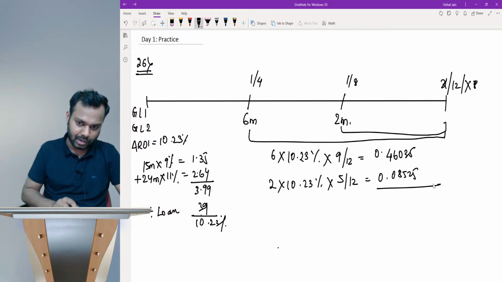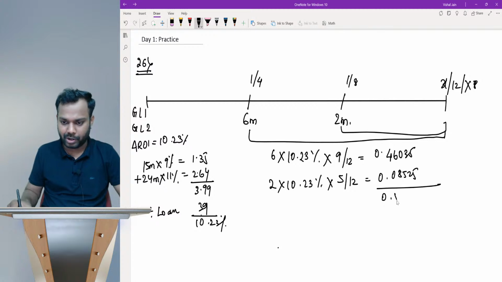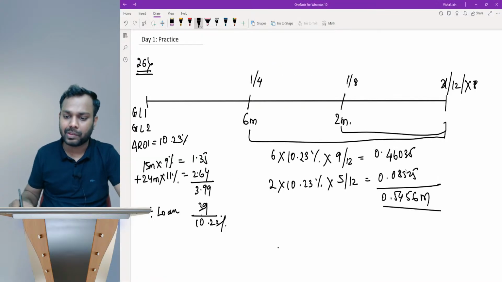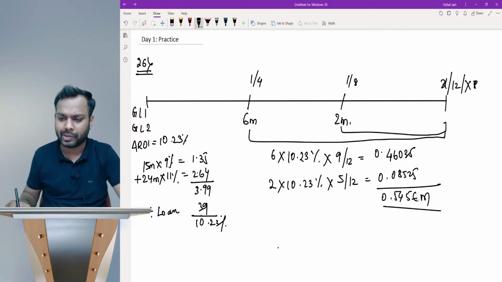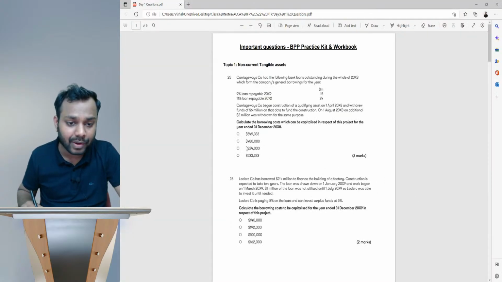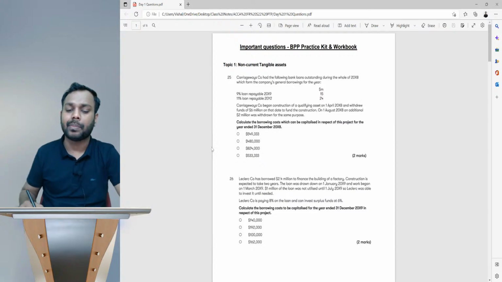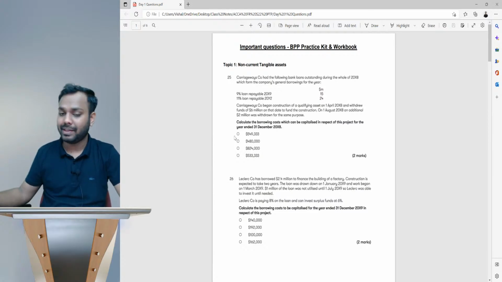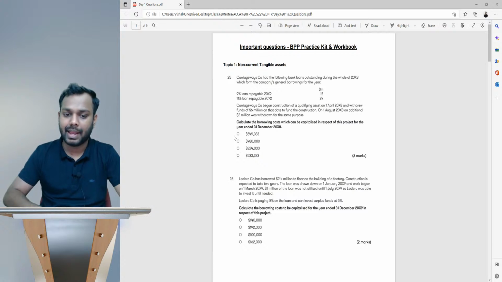If we add it up, it is 0.5456 million, which means around 5,45,600. So what is the nearest answer? 5,49,333. So A is the answer. Is that clear, guys? Everyone? A is the answer, right?